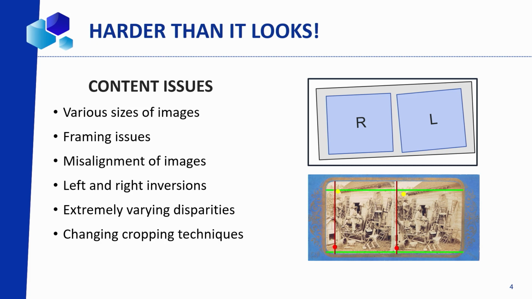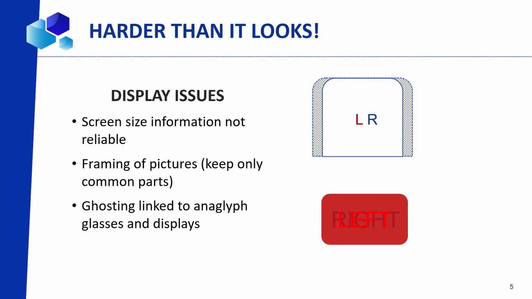Anyways, in order to develop a method that was robust, we had to face all these different issues. And then there are display issues. I won't go through that too much in detail, but the screen size information is not reliable. If we want to do something that's automated, we need to figure out what's the size of the screen. It turns out that whenever you get information back from the display, it's not all that good.